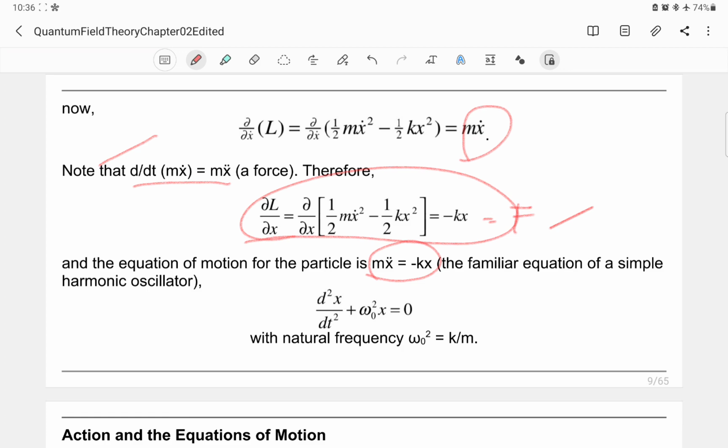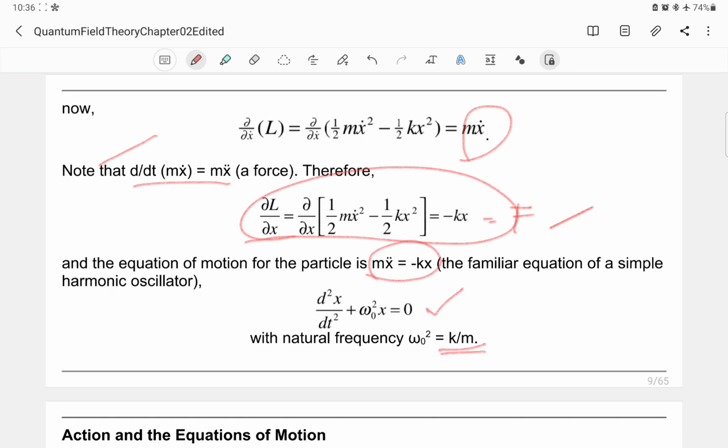And this could be written in terms of the natural frequency omega sub 0 squared, which is just equal to k over m. K here is the spring's constant, for the case of an object attached to a spring that follows Hooke's law.